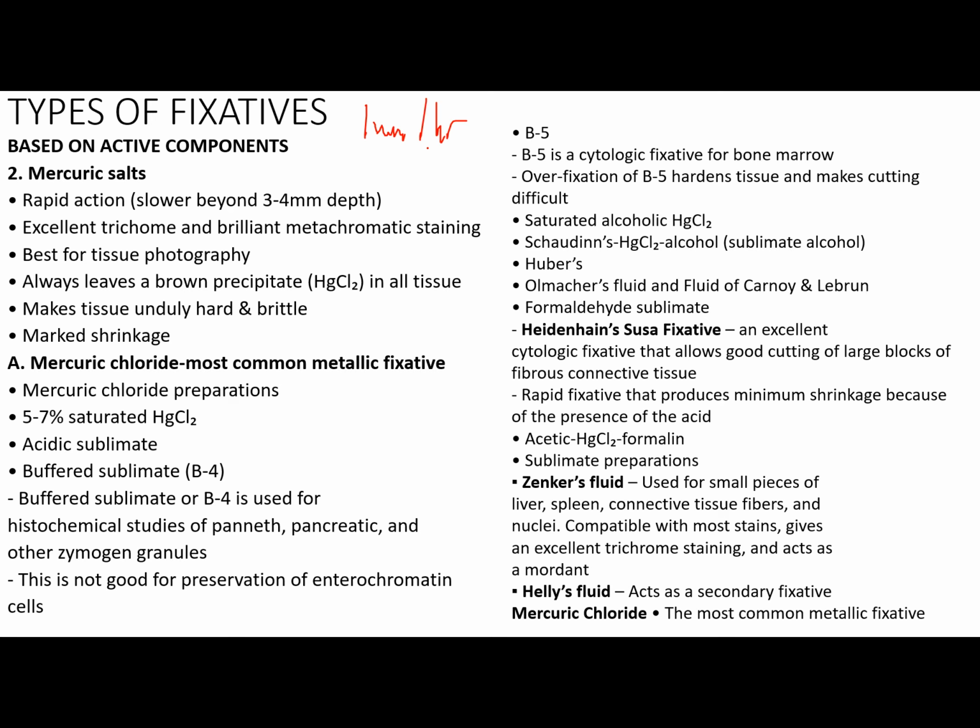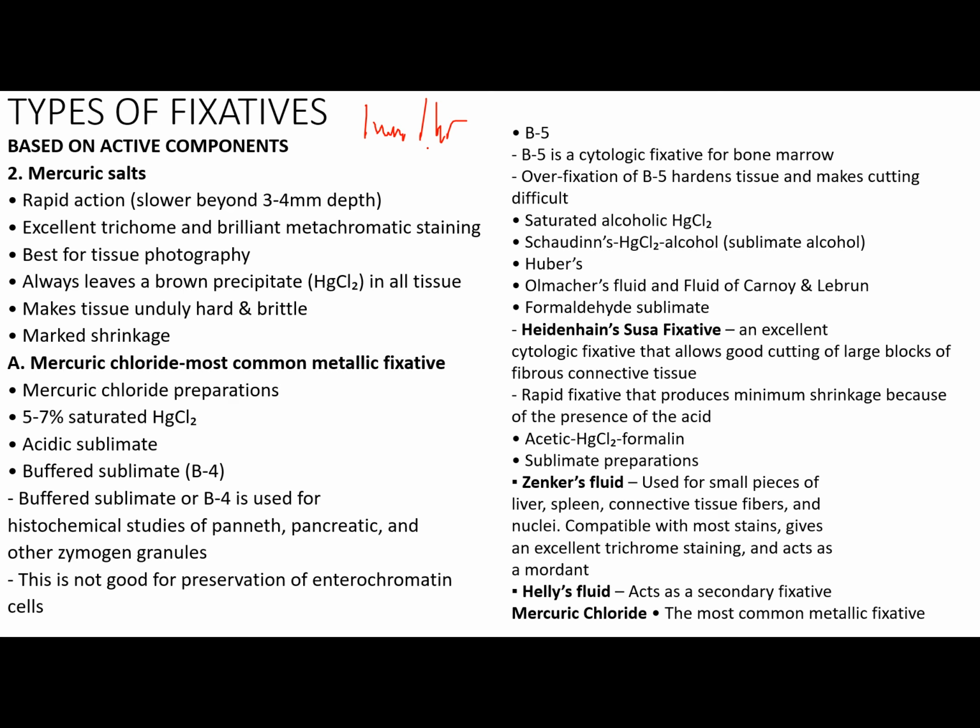This is an excellent cytologic fixative that allows good cutting of large blocks of fibrous connective tissue. It is a rapid fixative that produces minimum shrinkage because of the presence of the acid. Contains acetic mercuric chloride formalin and sublimate preparation.